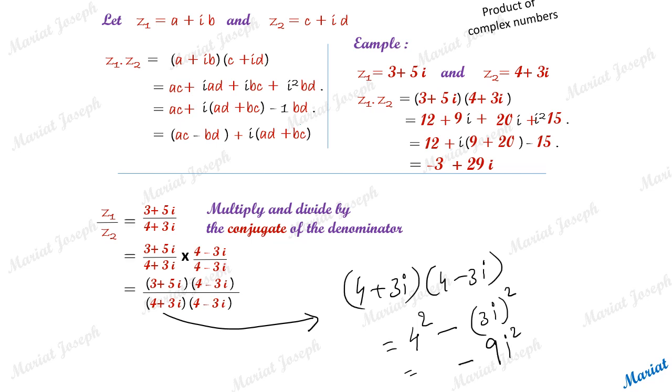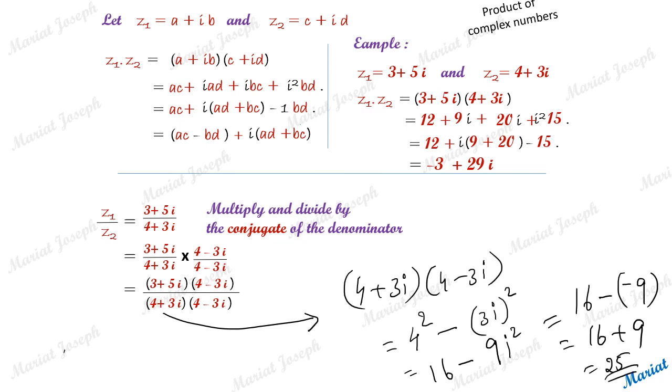There is a minus already here. So 16 - 9i², that is 16 - (i² is -1, so) -9. 16 - (-9), that is 16 + 9, that is 25. A real number will be the denominator.